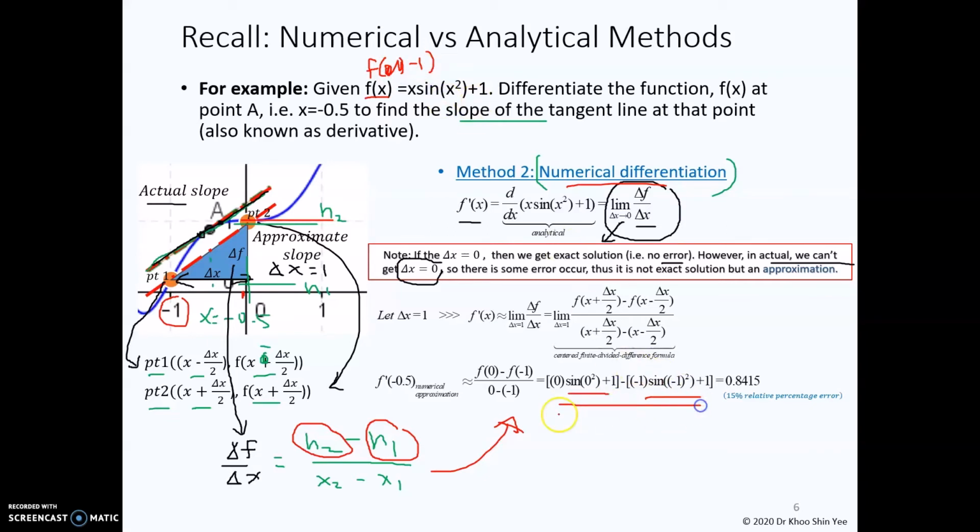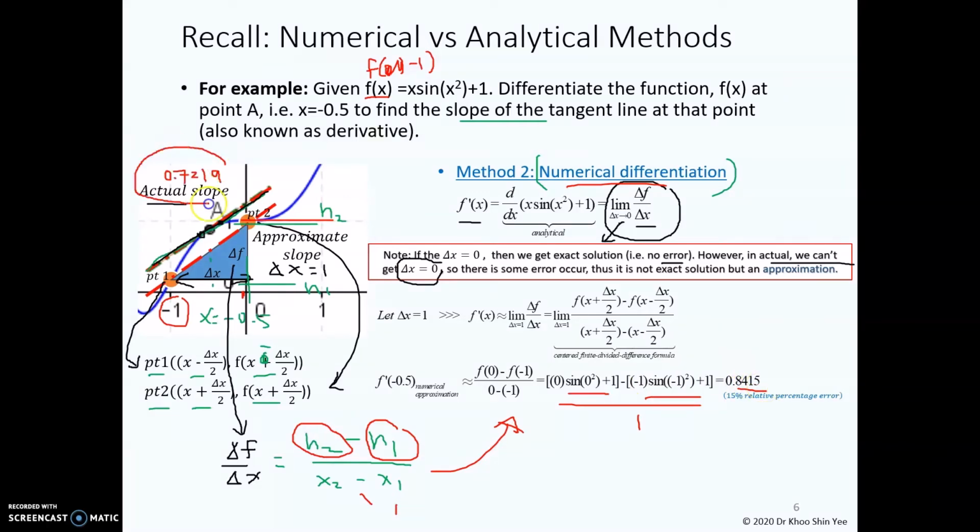Divided by, at the bottom, the delta x is equal to 1, therefore dividing by 1 you still remain. So by computing this, you should obtain the slope to be 0.8415.